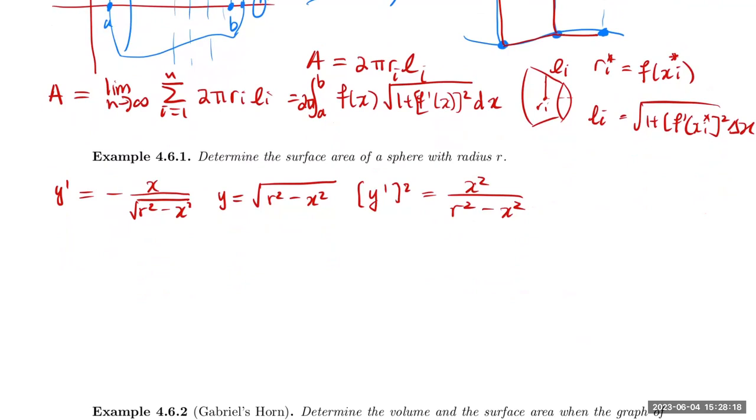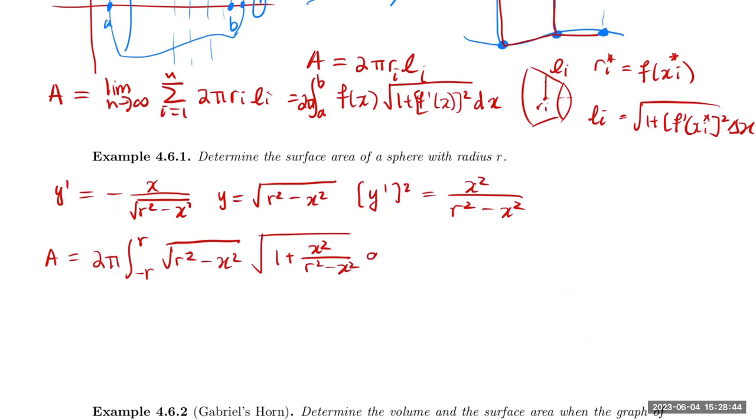So we have that the area is given by 2 pi, from negative r to r, of the function, which is the root of r squared minus x squared, and we multiply that by the square root of 1 plus x squared divided by r squared minus x squared, dx.